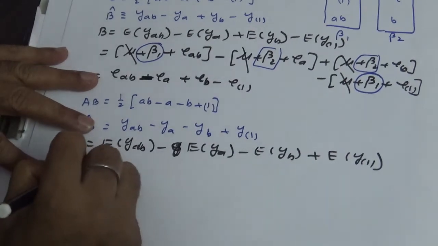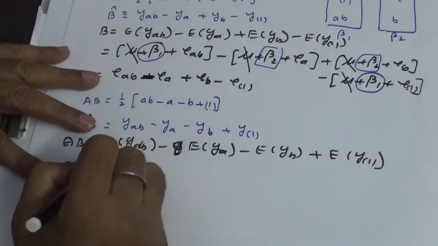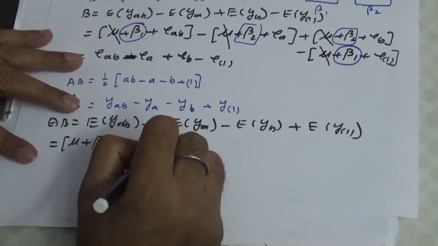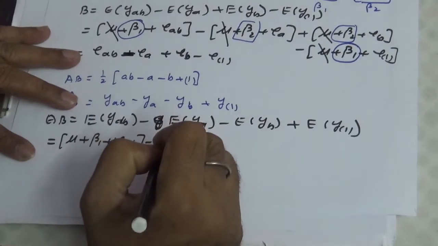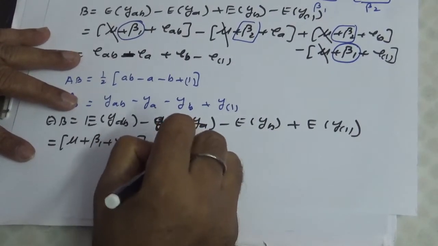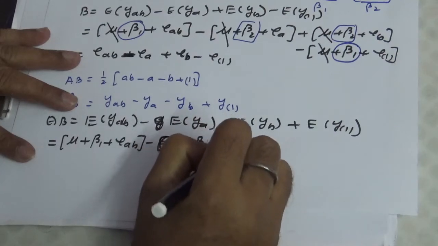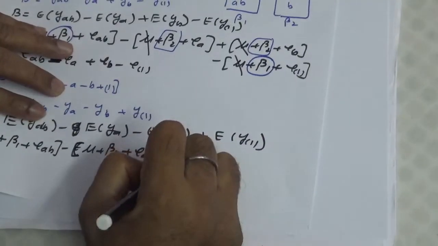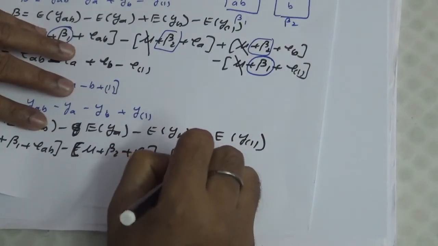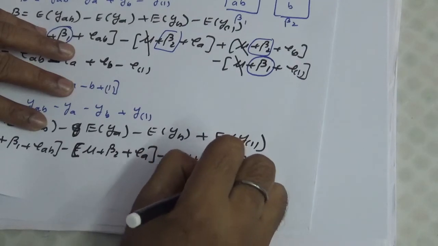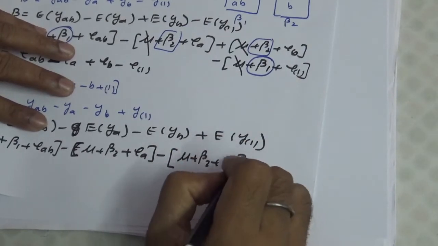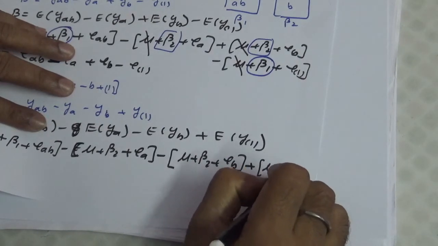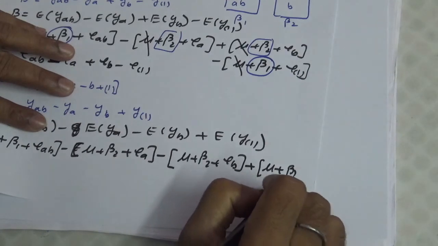So YAB will become mu plus beta 1 plus tau AB, and expected value of YA will become mu plus beta 2 plus tau A. Expected value of YB will become mu plus beta 2 plus tau B, and expected value of Y1 will become mu plus beta 1 plus tau 1.